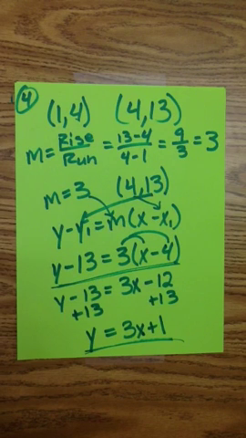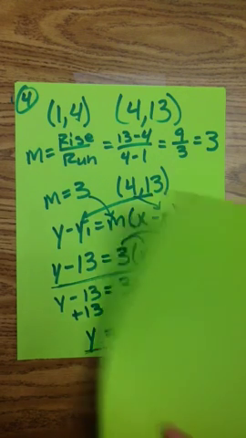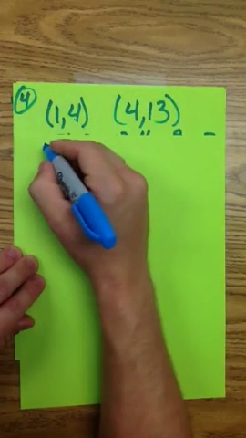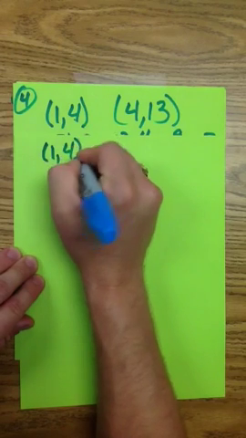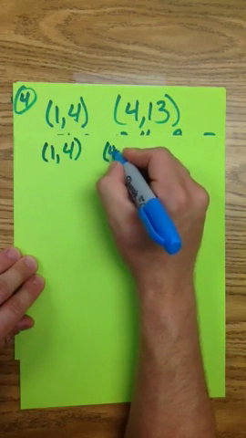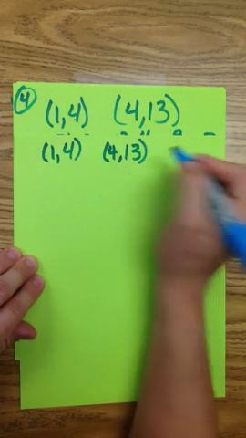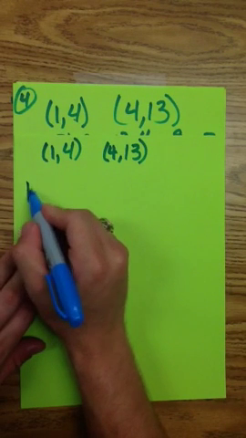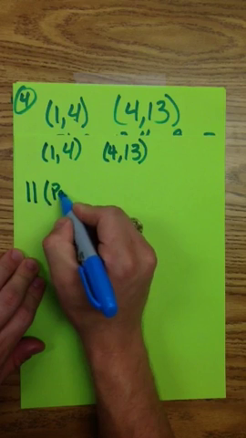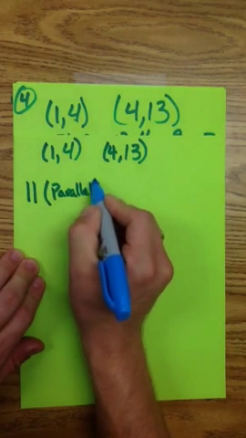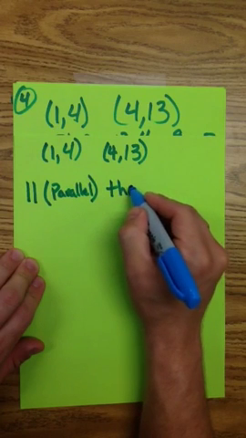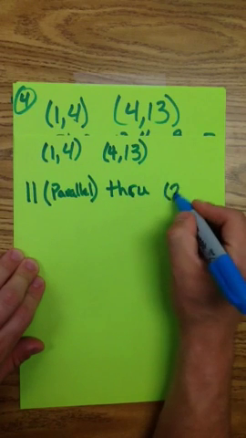So to throw a little wrinkle in, let's look at the same problem, but now, knowing the points 1, 4 and 4, 13, what if they ask for a line parallel and through the point 2, 3?